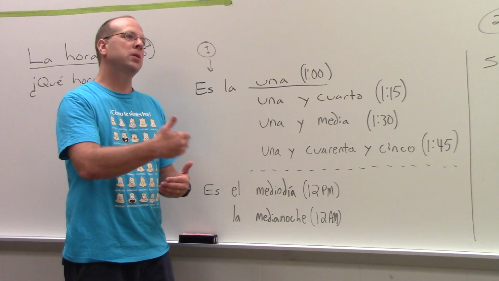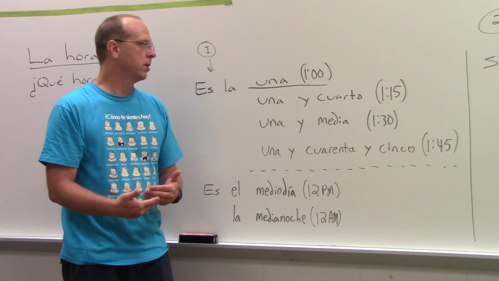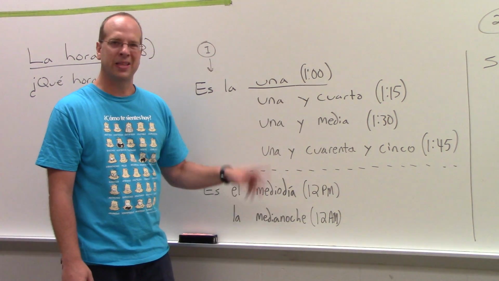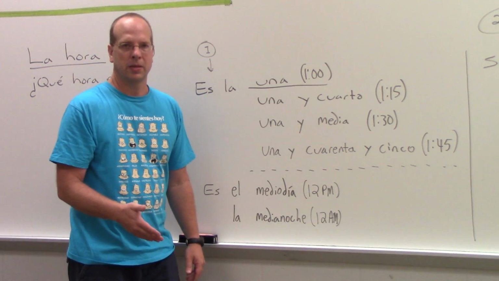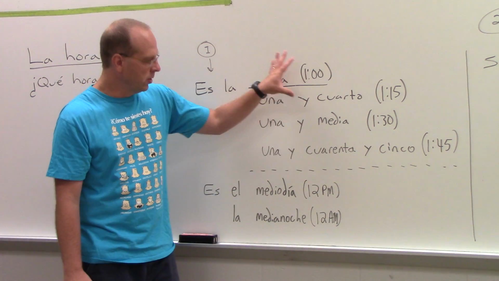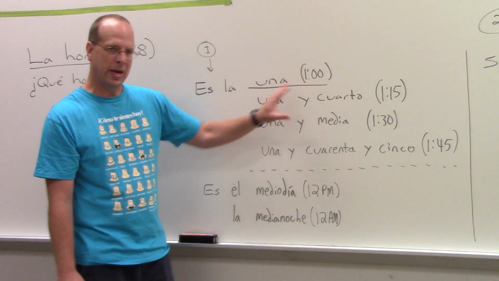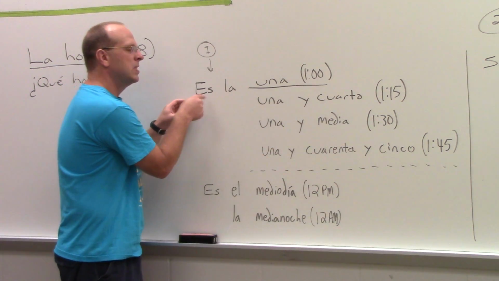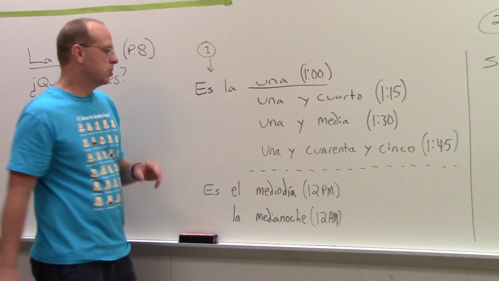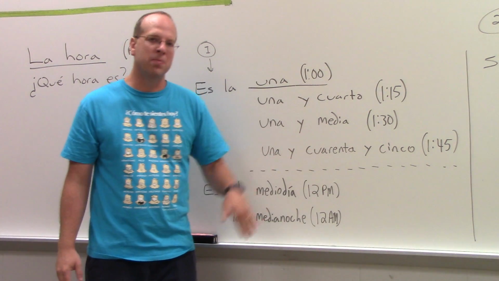As you are around native speakers, you're going to see that they cut a lot of the E. They're going to say, es la 1:40, es la 1:20, and that's fine. But grammatically, when you're writing it out, you need to have the E in there. The only other time that you use es is when you're specifically talking about noon or midnight.